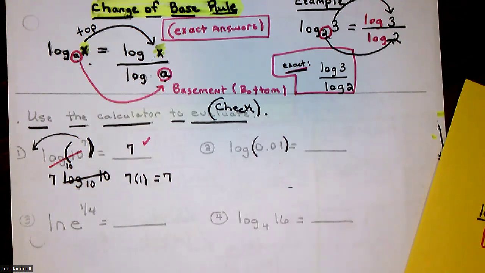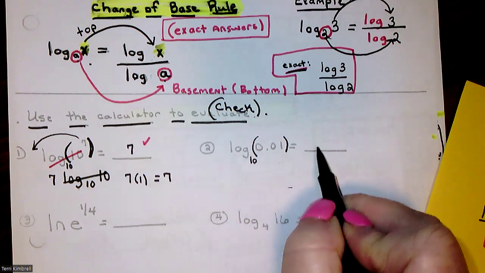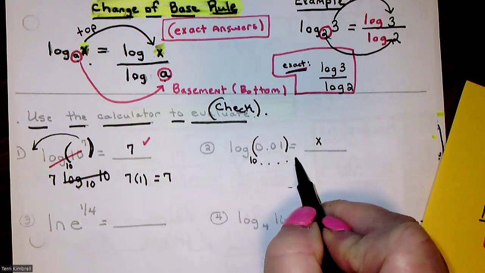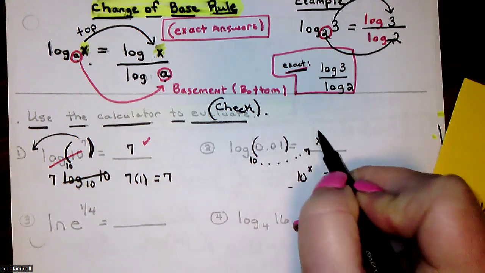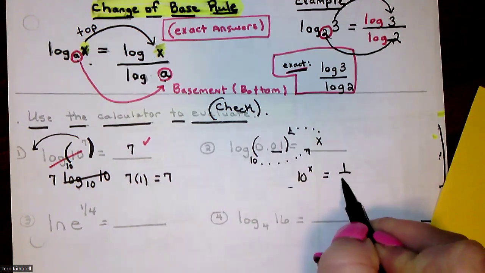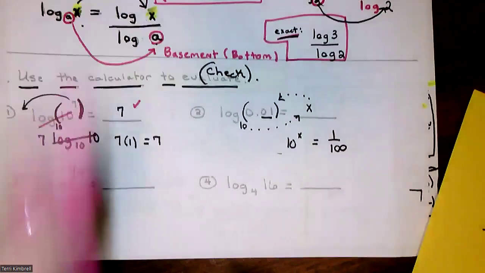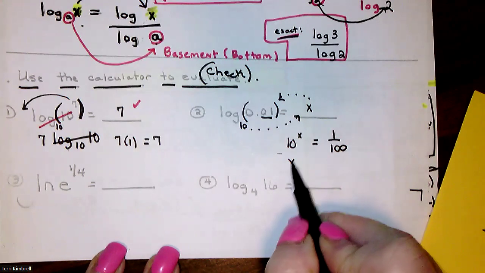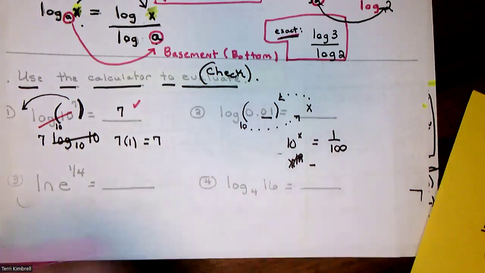So let's enclose the 0.001 100ths. And if you want to solve it this way, especially if you enjoy math, you would have 10 to the x power equals tenths hundredths, which would be 1 over 100. And we talked about that as well. So we can write this with the same base.